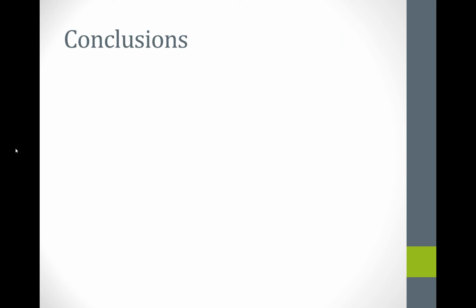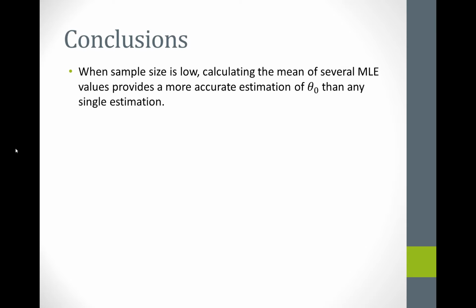So what conclusions can we draw from using MLE in this manner? The first thing is, when our sample size is low, calculating the mean of several MLE evaluations will give a much more accurate estimation of theta naught than any single estimation on its own. And that was obviously true. We saw we had better data than a single evaluation at 100 points when we had 50 at 10.